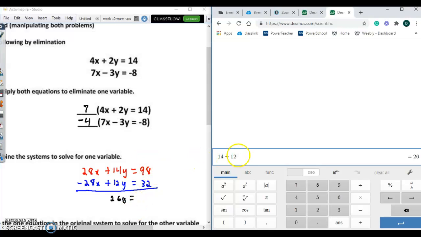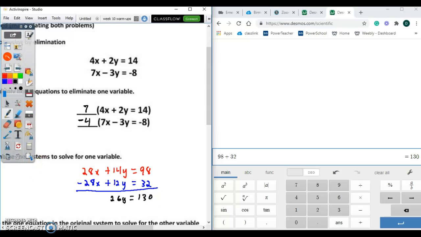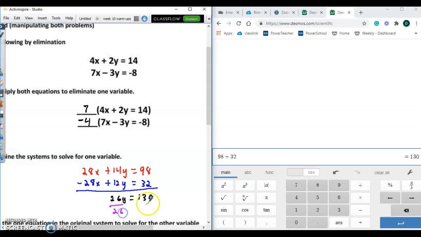And then 98 plus 32, and you get 130. And then our last step, of course, would be to divide by 26. That would give me my y. So my y equals whatever 130 divided by 26 is, and I'm writing up here because I'm running out of room.